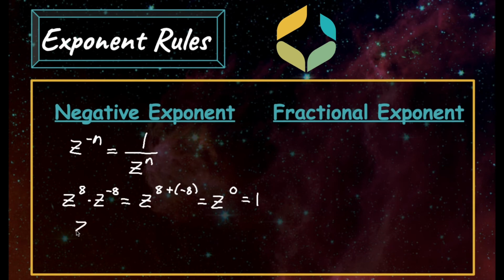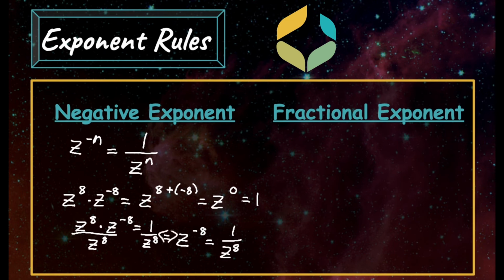If we have z to the power of 8 times z to the power of negative 8, and we know that this equals 1, we can divide by z to the power of 8 on both sides. And we'll get z to the power of negative 8 equals 1 over z to the power of 8.